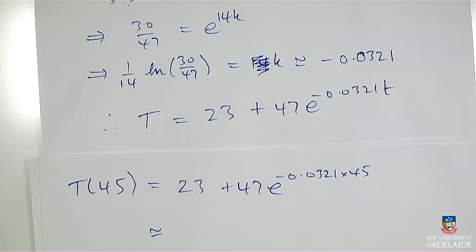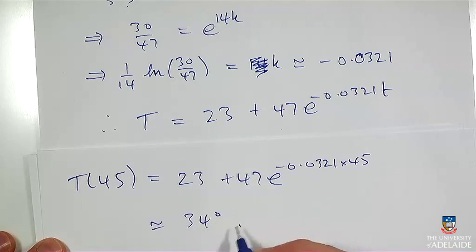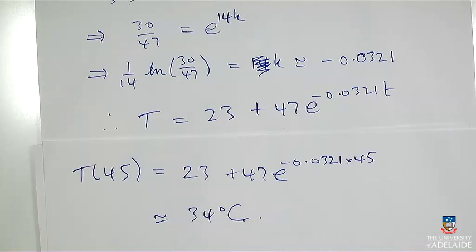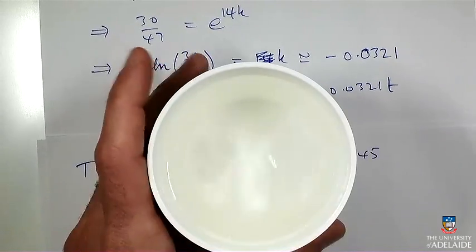So that's this bit. We times it by 47, and then we add 23. All right? And we should have 34.1. Here we go. Moment of truth. 34, yeah?